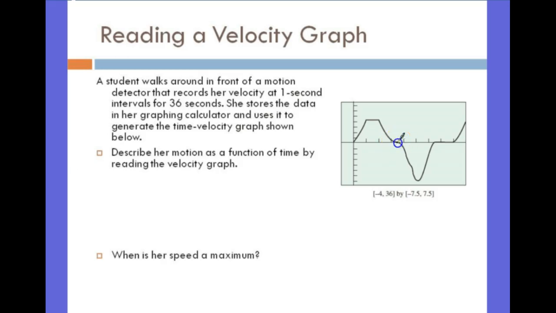The zeros of velocity represent what? Non-movement. Or change in direction. So from 4, 8, 12, more like 14 seconds.